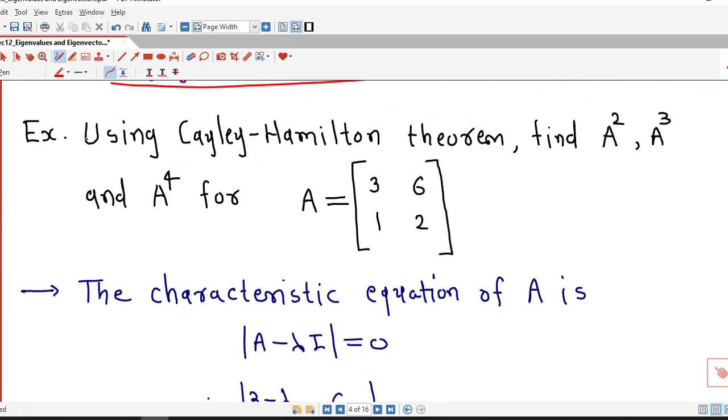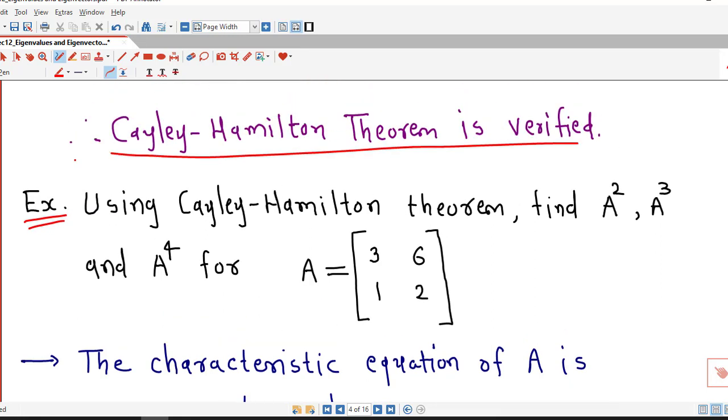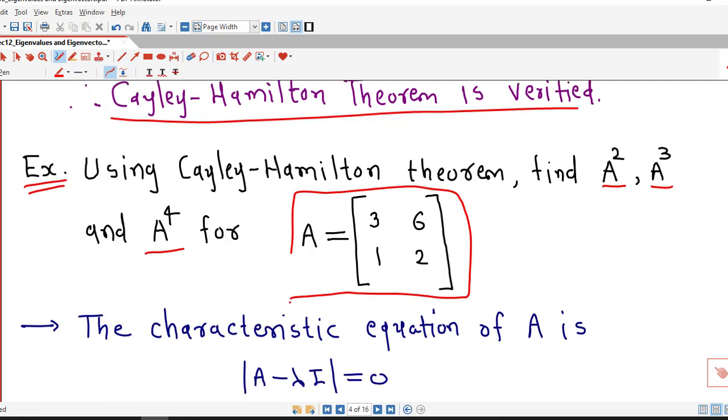Sometimes we are asked this type of question also. So using the Cayley-Hamilton theorem, we can calculate powers of a matrix also. So to find out these different powers, first we have to find out the characteristic equation of this matrix and then we will apply the Cayley-Hamilton theorem.